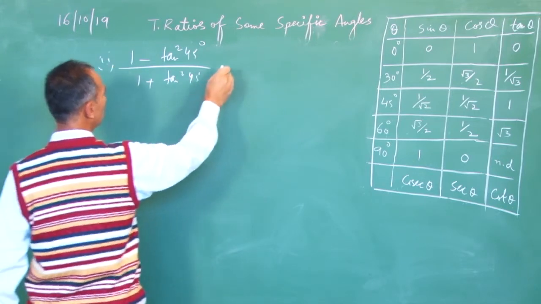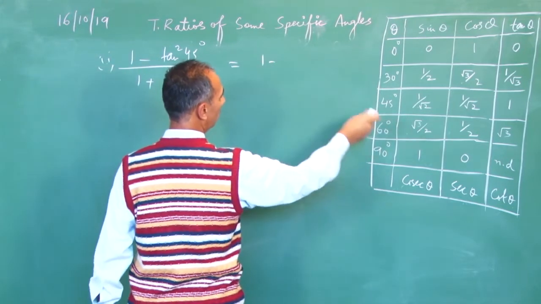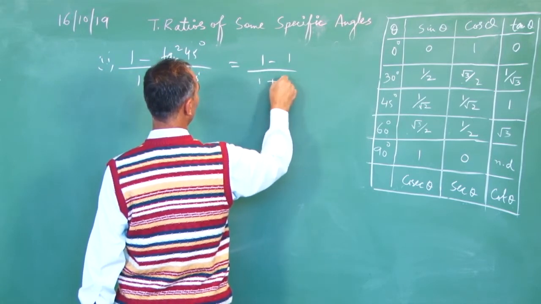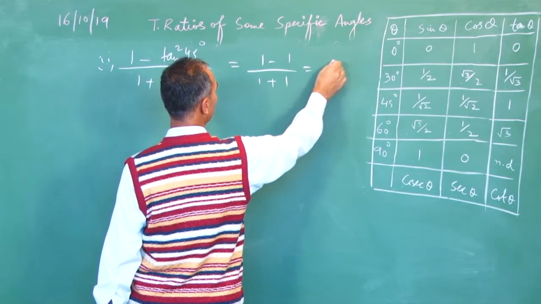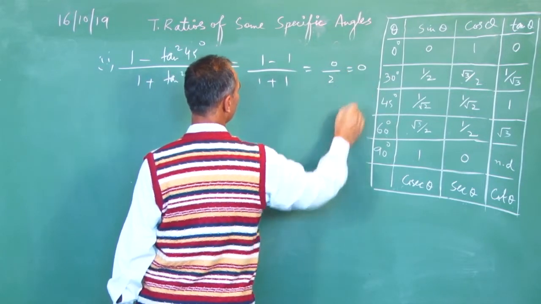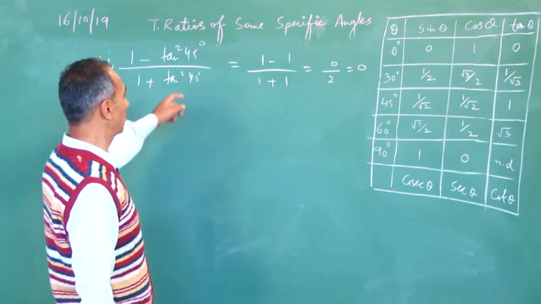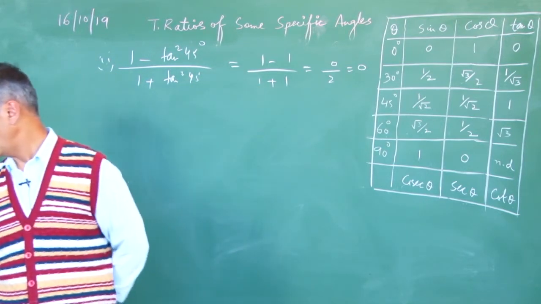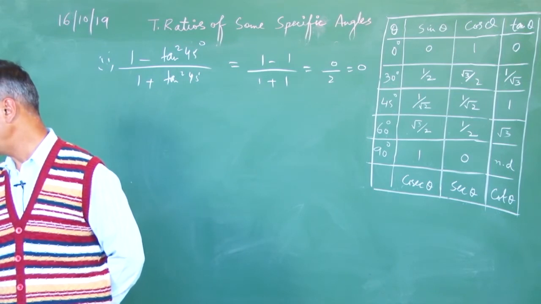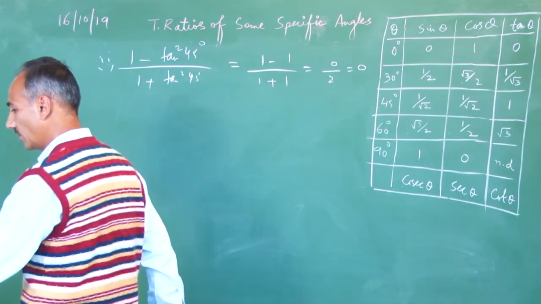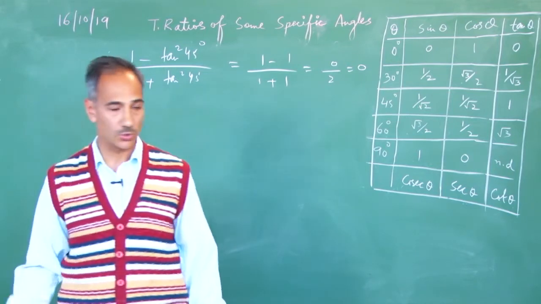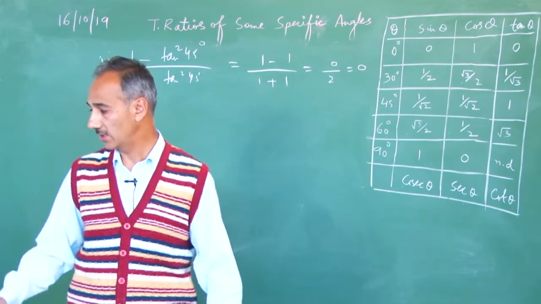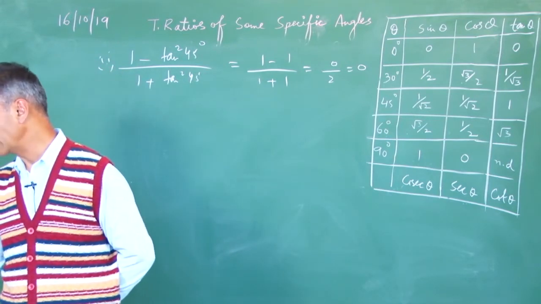You will be putting the values. See, 1 minus tan 45 is 1. So this is 1 upon 1 plus 1. When you square it, this is still 1. This is 0 upon 2, that is 0. Because tan 45 is 1, so this would be 1 minus 1, 0, 0 by 2, that is 0. What are the options given? Options given are tan 90, 1, sin 45, and D is 0. So D is the correct answer. For this, 0 is the answer. That is the option D.